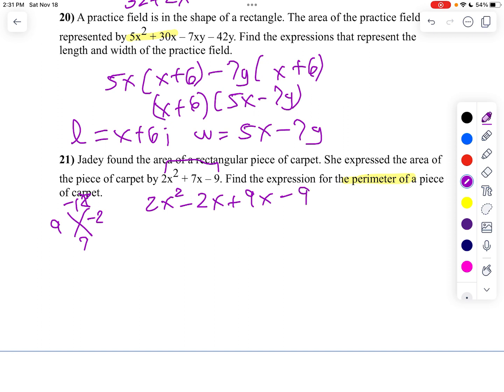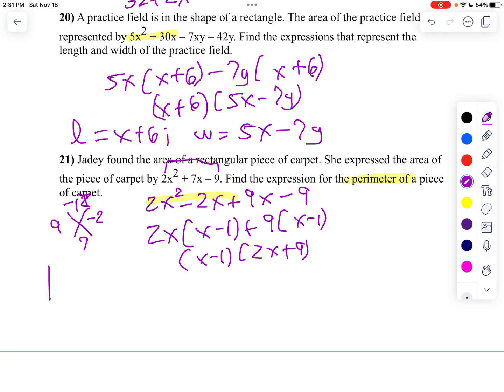Now, we take a look at the first two terms here. We can factor out a 2x. So I get 2x, and then I'll get x minus 1, plus 9 times x minus 1. So that factors to x minus 1 and 2x plus 9.